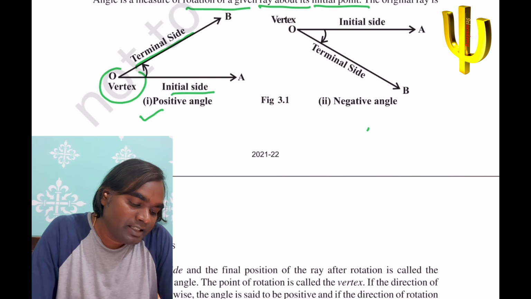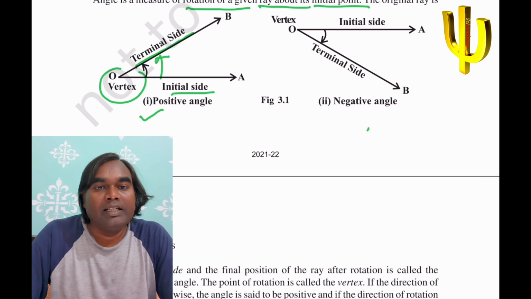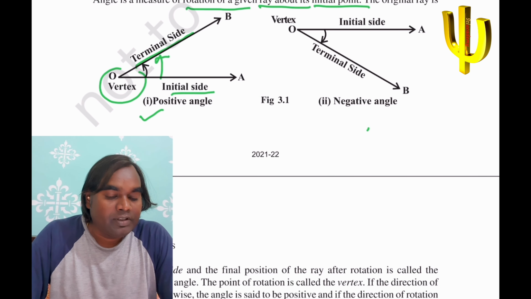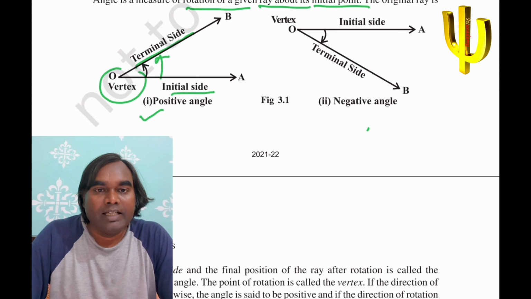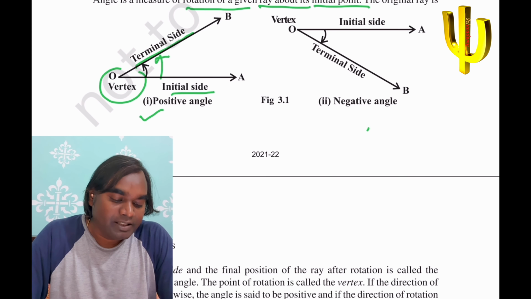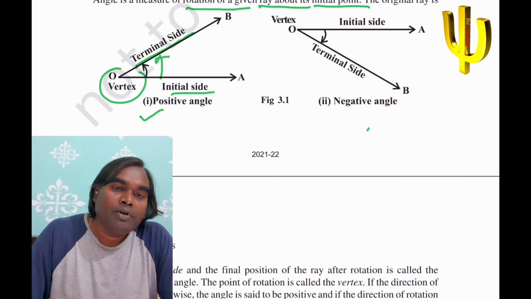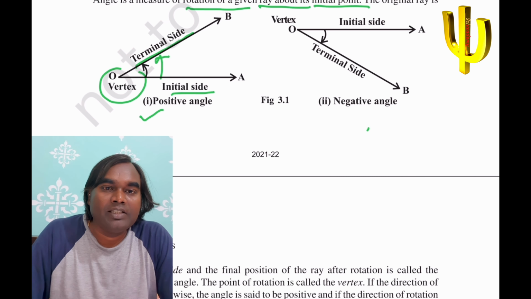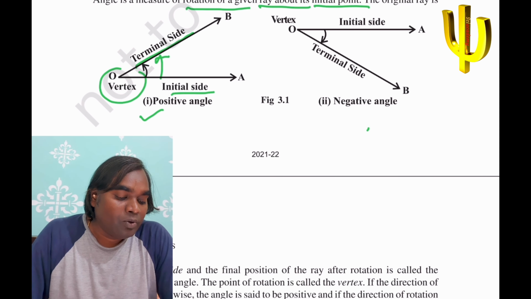The point about which it rotates is known as the vertex, which we denote by O.